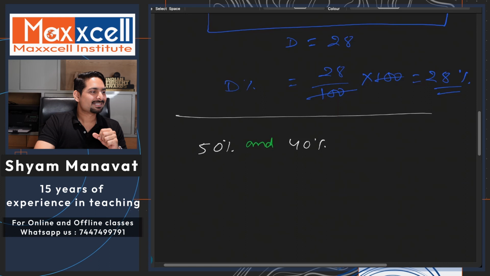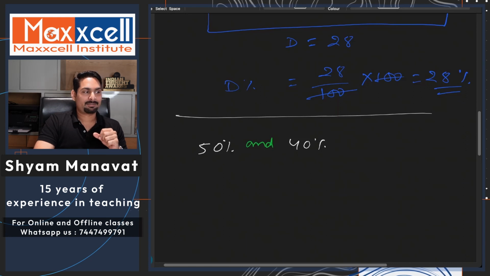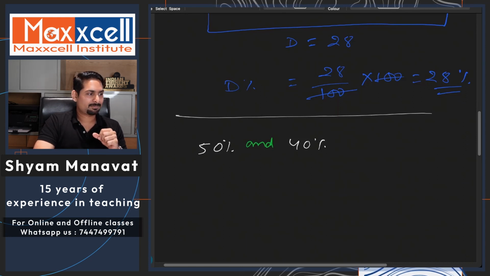So here 50 plus 40, 50% and 40%. Sometimes they write it like 50 plus 40 also.